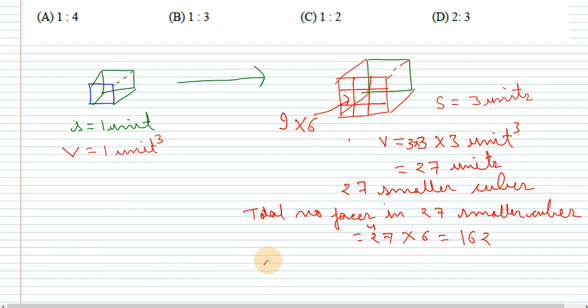So the number of faces visible is 9 into 6, that is 54.